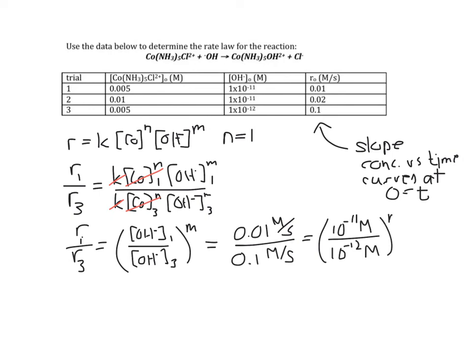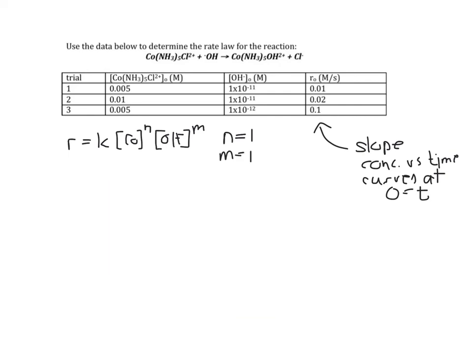And that has to be raised to the mth power. So I can see that 1 over 10 is equal to 1 over 10 raised to the mth power. And so again, I can see that m is equal to 1 because the only way to make this statement true is for m to equal 1.